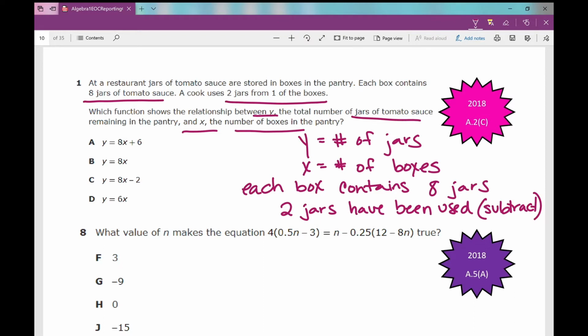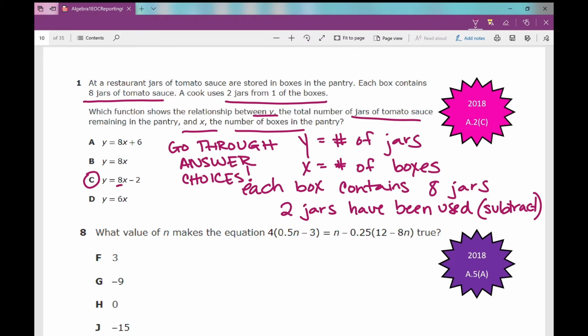Okay, so which function shows the relationship? Go through your answer choices at this point. And when I get to C, I'll get the right answer. There's 8 jars per box, right?